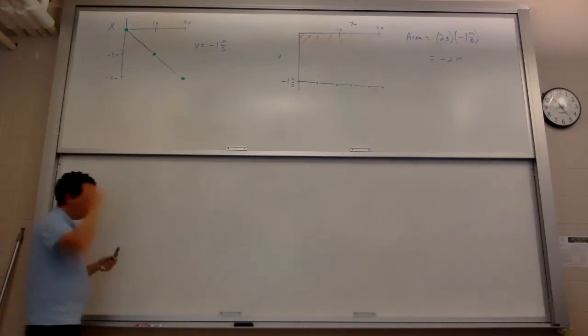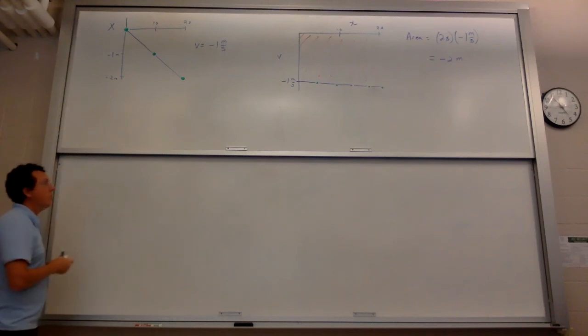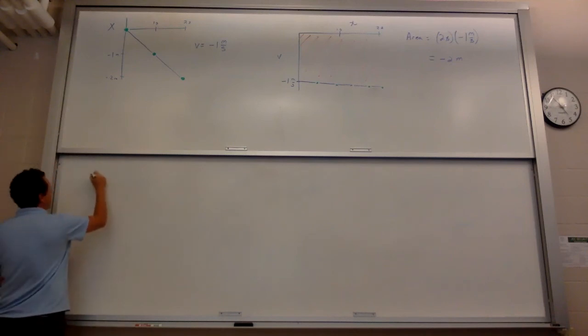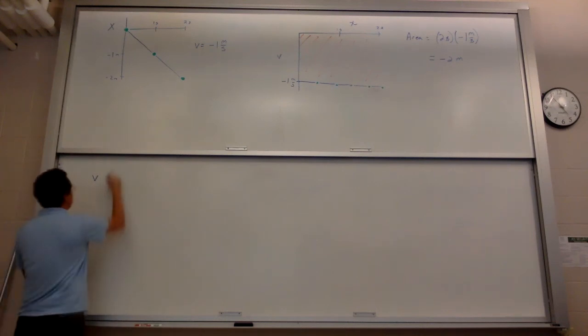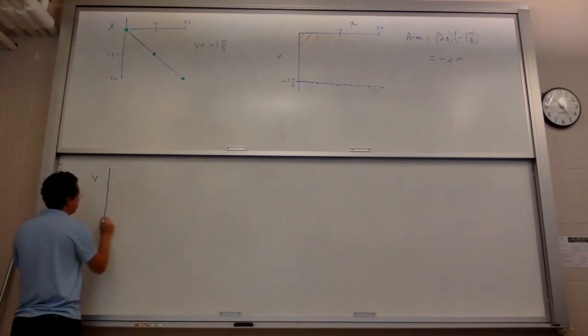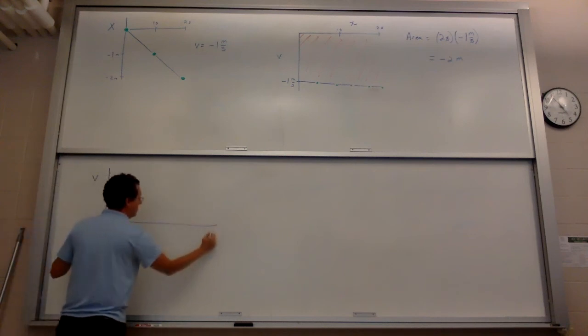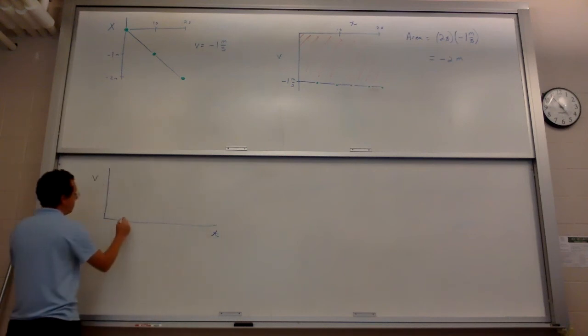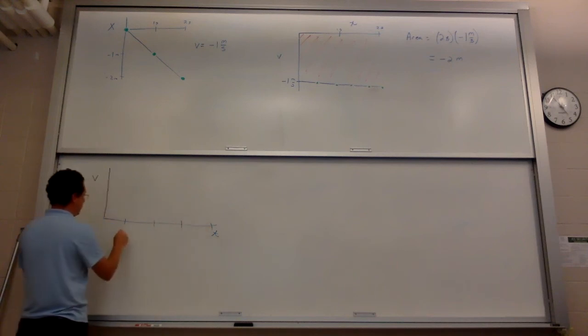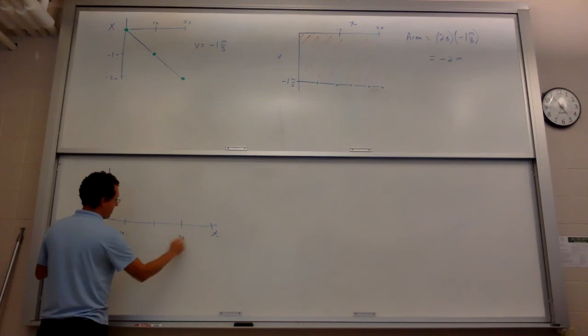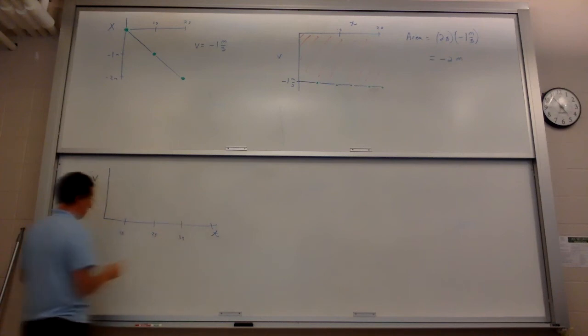You could have velocity versus time graphs which are complicated. They can look like this. So I'm graphing velocity, not position, velocity versus time. Let's mark some time here first: 1 second, 2 seconds, 3 seconds, 4 seconds.